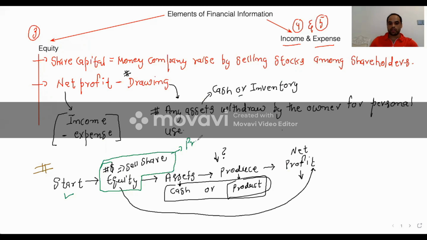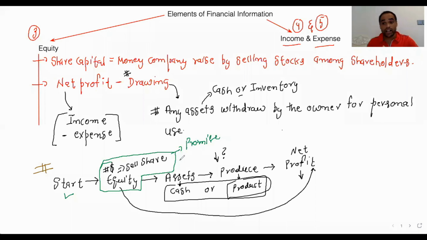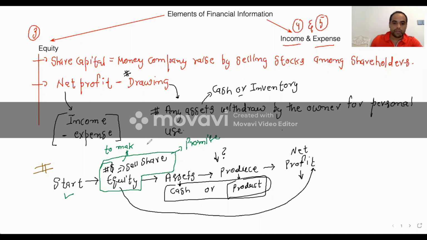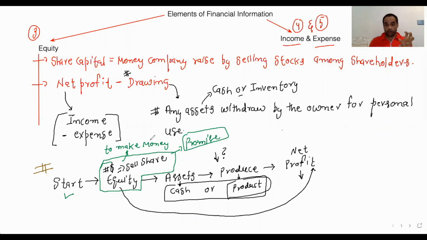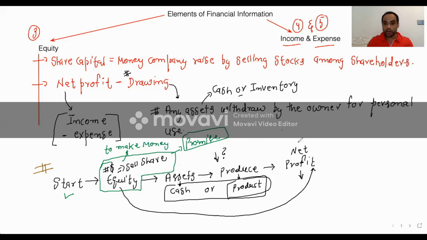Why do people invest money in a company? Shareholders invest money to make money. So you promise to help them make money. You take money from shareholders, you use that money, you make profit. From profit, you give them a dividend. So what is the meaning of dividend? Dividend means profit sharing among shareholders.